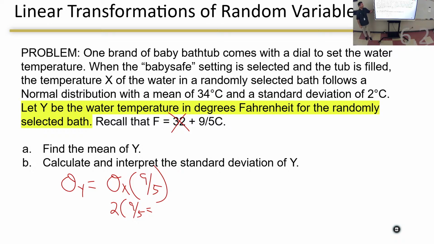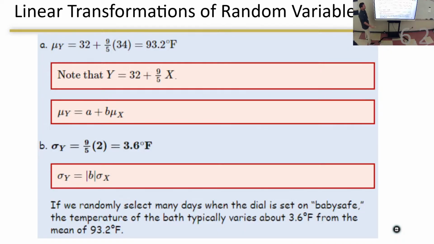Interpret that. The temperature of the water typically deviates, whatever that is, from the mean. 93.2 is what you'll get there: 32 plus 9/5 times 34. The standard deviation you'll get is 3.6, which is 9/5 times 2.